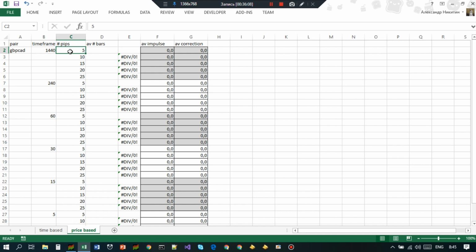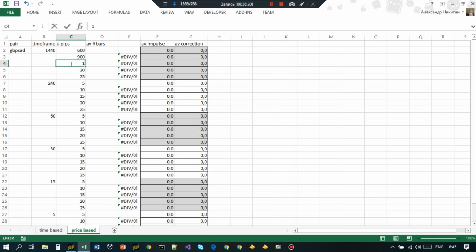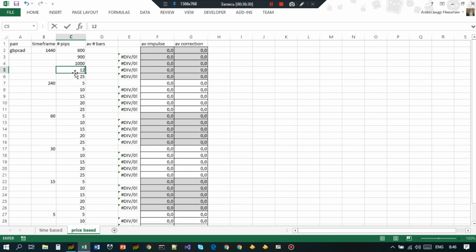It should be 600 pips. Then we should test 900 pips. Then we should try 1000 pips, and 1020 and 1030.